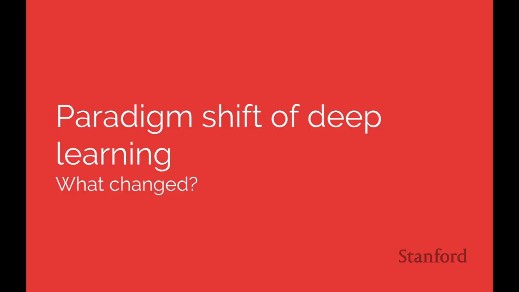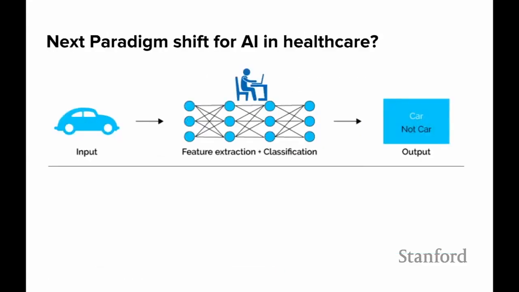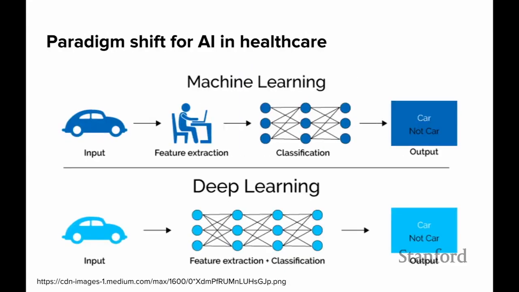So in CS230, you're all well aware of the paradigm shift of deep learning. And if we look at machine learning in healthcare literature, we see a very similar pattern: we had a feature extraction engineer who was responsible for getting from the input to a set of features that a classifier can understand.